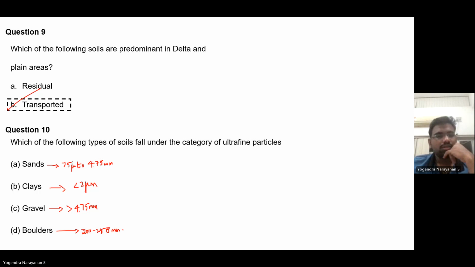Hence, this much for boulder, this much for gravel, sand, and clay. Hence, obviously, the ultrafine particles are clays.